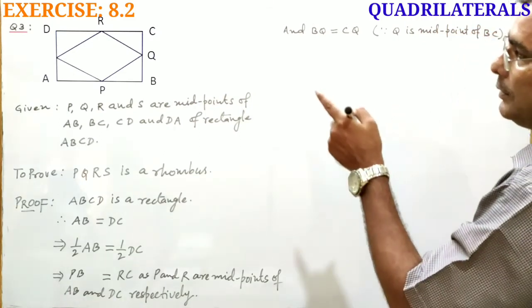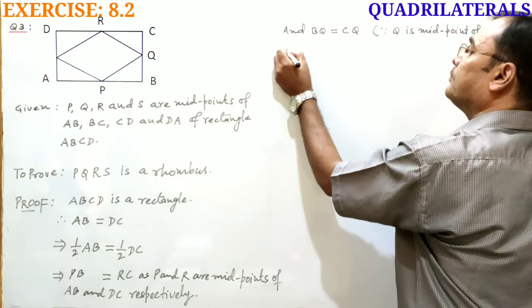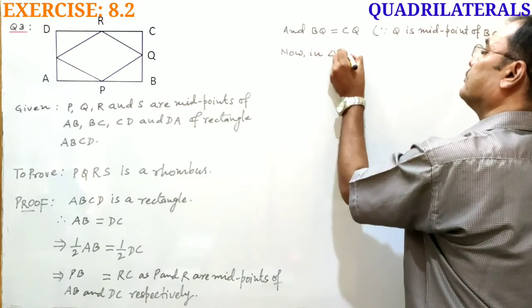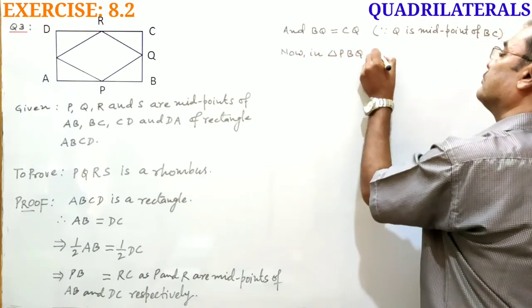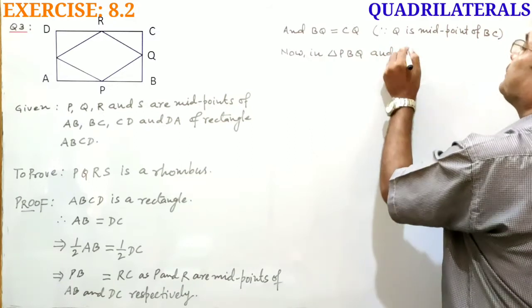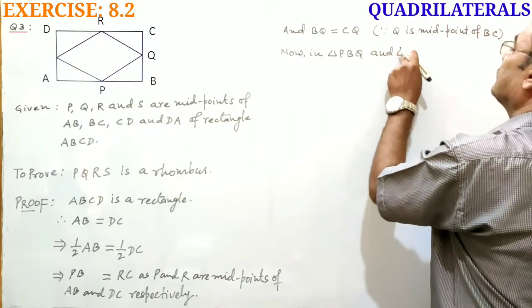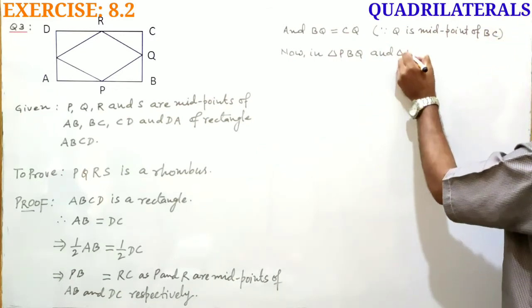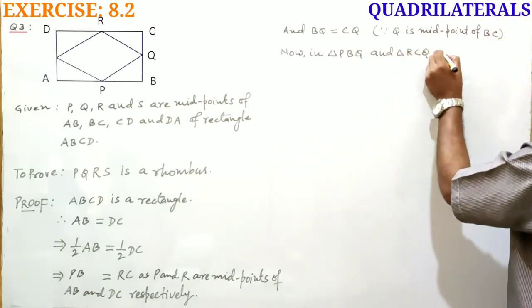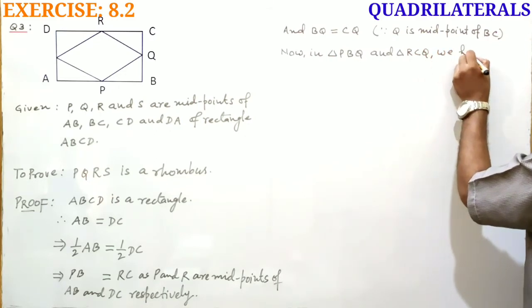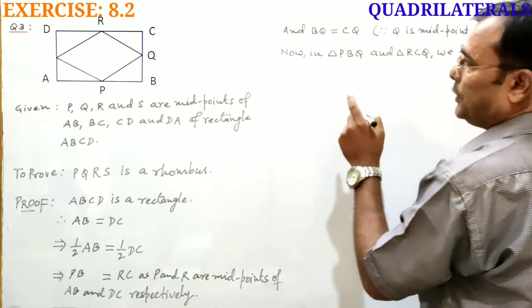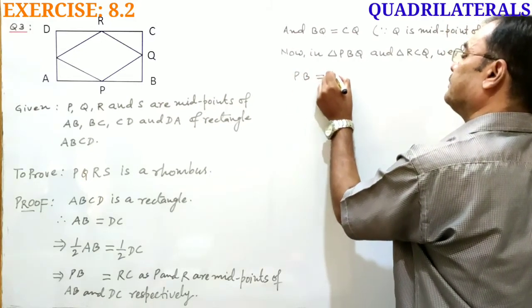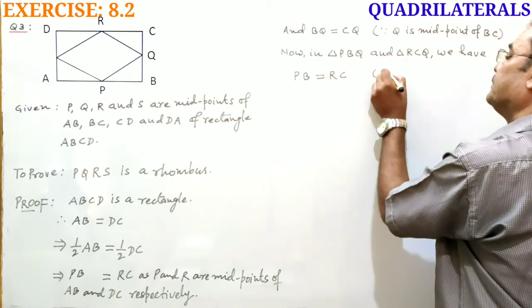Now in triangle PBQ and triangle RCQ, we have PB equal to RC, proved.